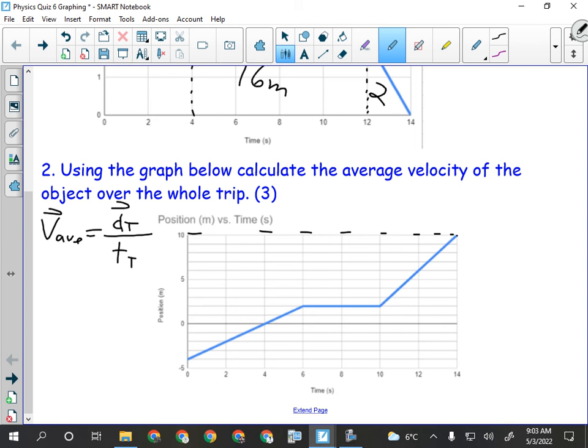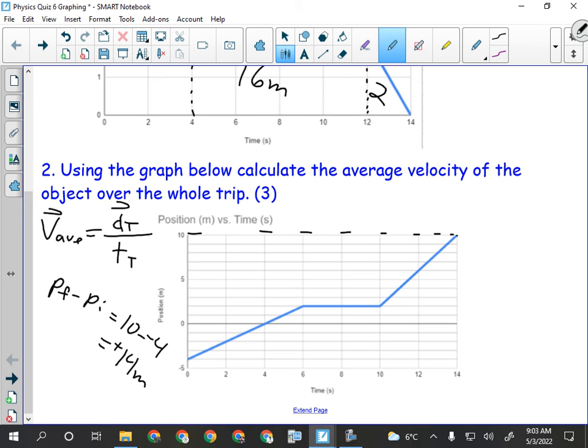My initial position is negative 4. So final position minus initial position is going to be 10 minus negative 4. The change in position is 14 meters, and it's positive because it goes from negative 4 to positive 10.